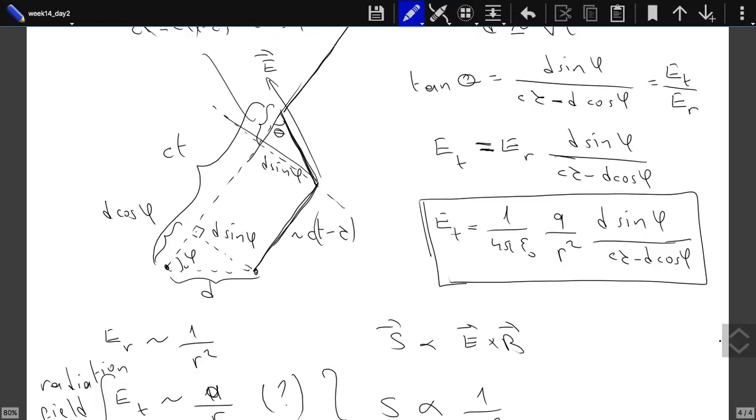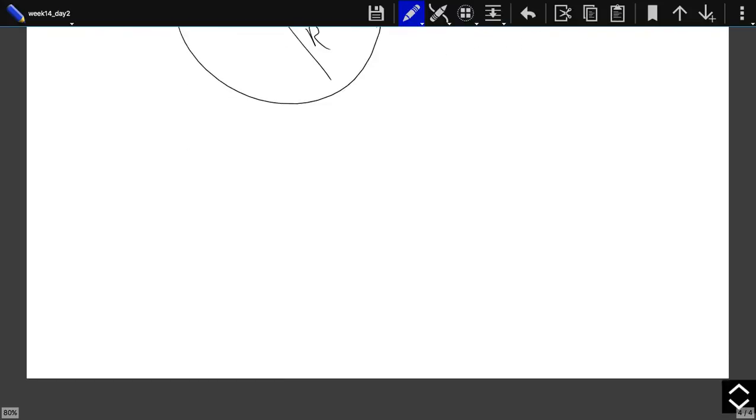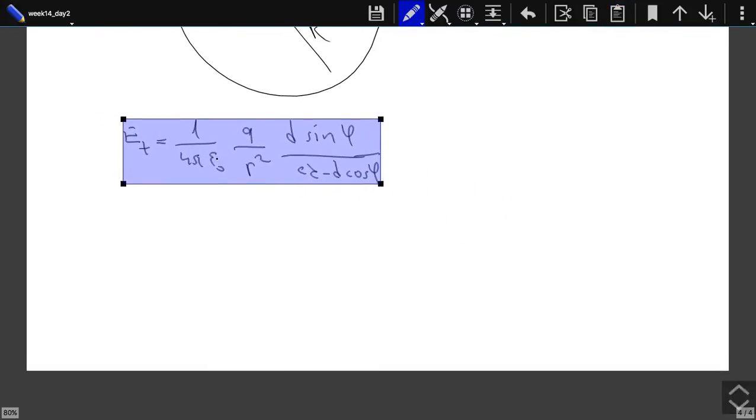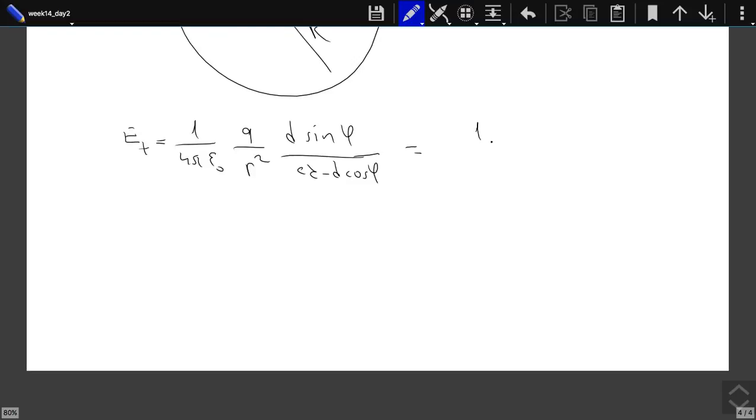D is V times T. Well, the speed of light is huge.